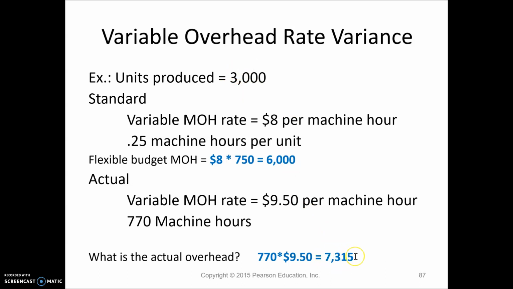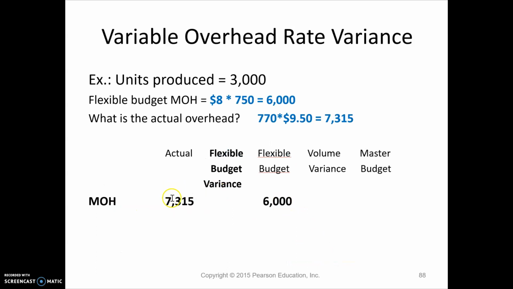If we were told there were $7,315 of variable overhead and there were 770 machine hours, you would divide to get to that 9.50. So here we can see our flexible budget variance, the difference between the actual variable overhead and the flexible budget variable overhead, is 1,315. And since the actual overhead is higher, that's an unfavorable variance.